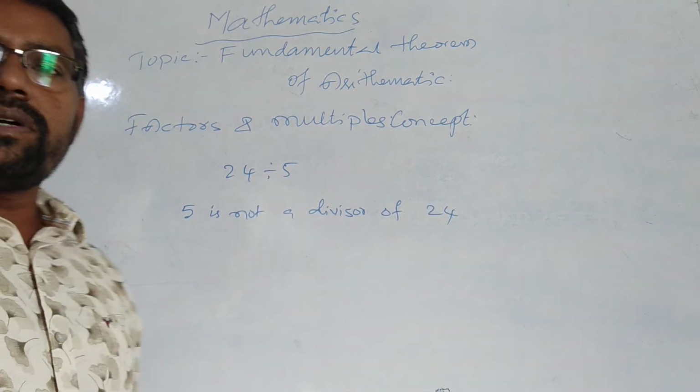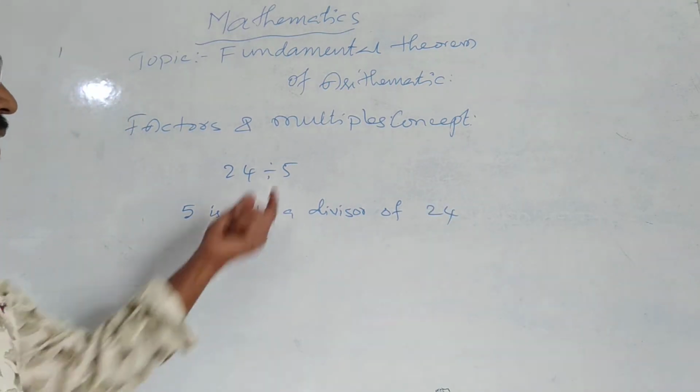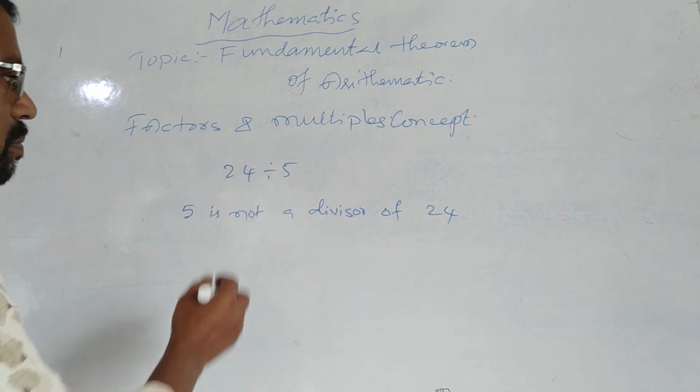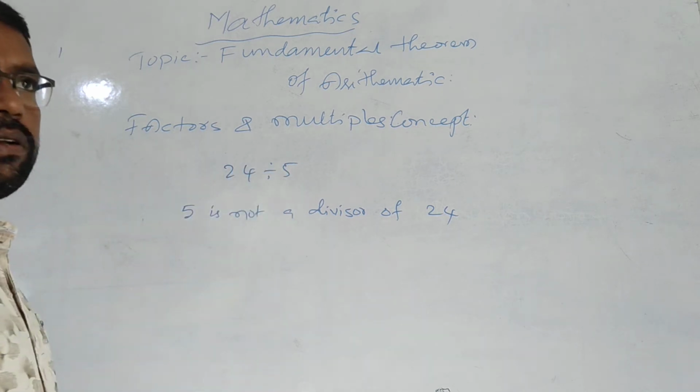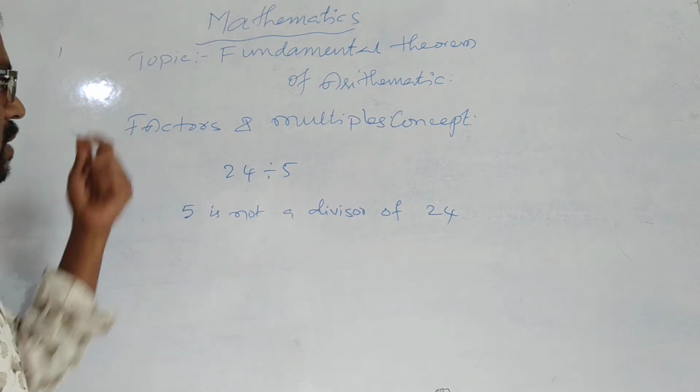What we conclude is that when a number is divisible by the given divisor, we can call it a factor.